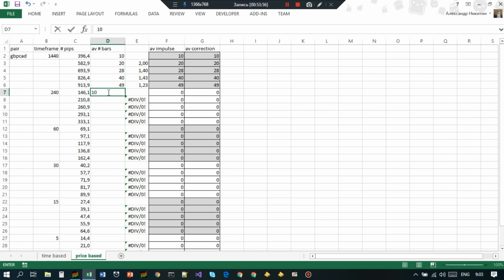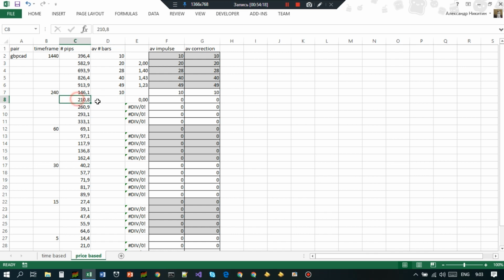Okay, now it looks kind of suspicious. We have 10 bars here, we have 10 bars here. It looks kind of pattern looking. So if we use that number of pips as a reversal, we have 10 bars here and we have 10 bars here. So I project that we should have 20 bars here.